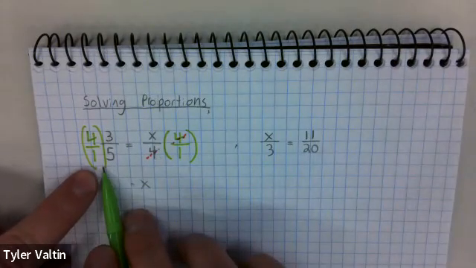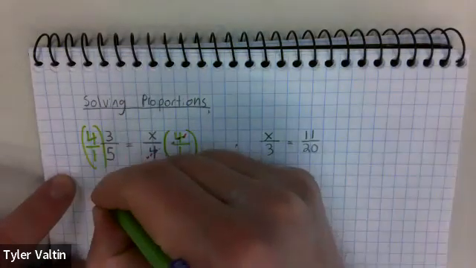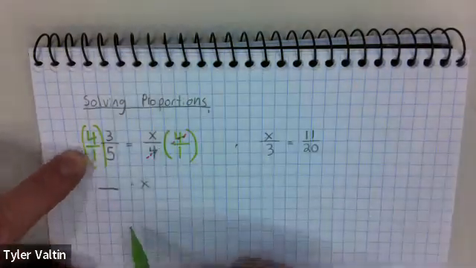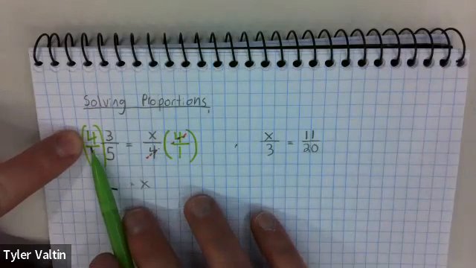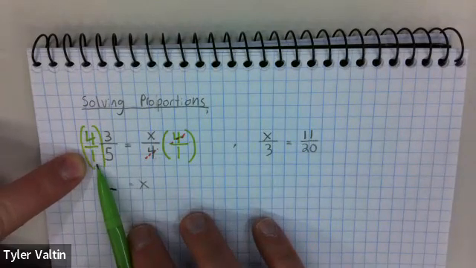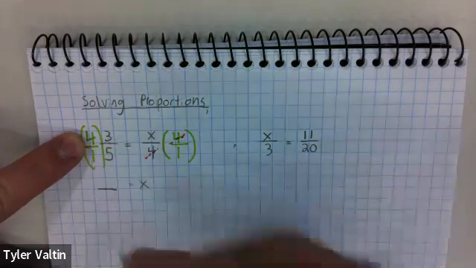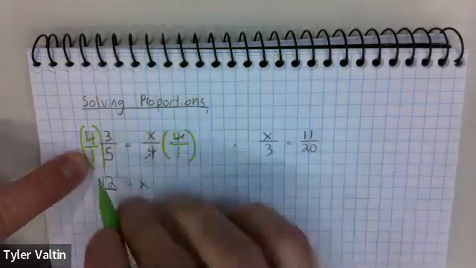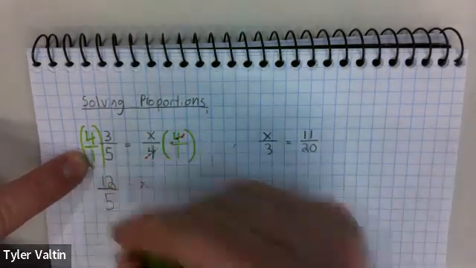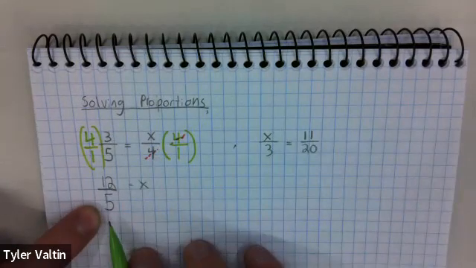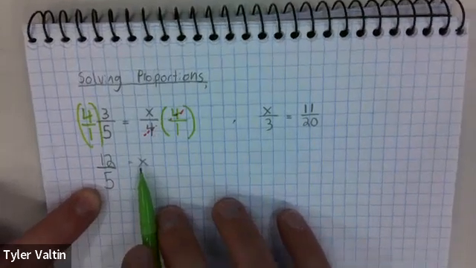What I've done is basically created a multiplying fractions problem. And we know from our study of multiplying fractions, all we need to do to simplify this is multiply the numerators together and multiply the denominators together. So 4 times 3 is 12, and 1 times 5 is 5. And I'm left with that fraction there. 12/5 is equal to x.